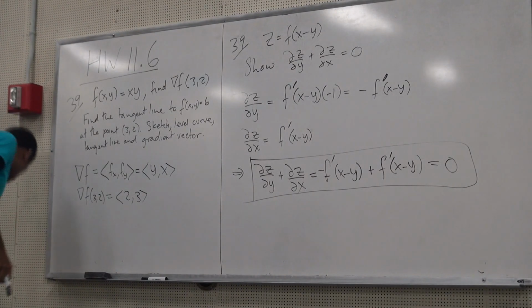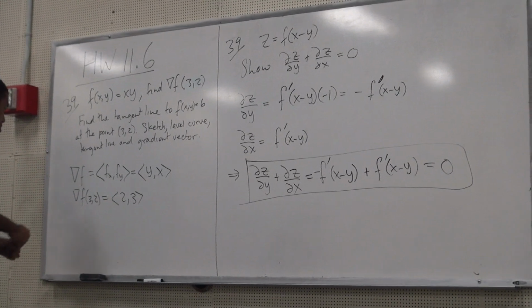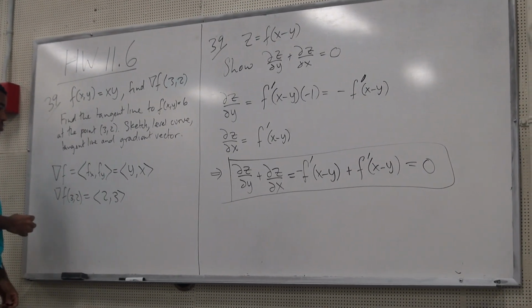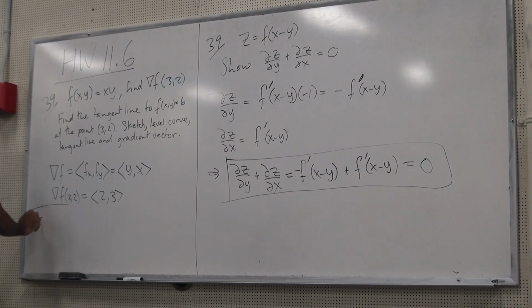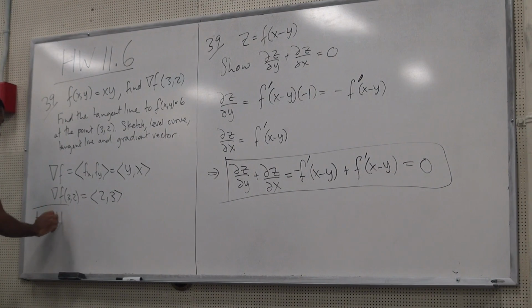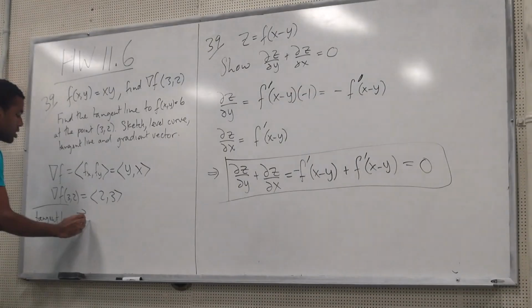So now if we want to find the tangent line to this, what do we do? Let's look at the tangent line. What's the direction vector for the tangent line?